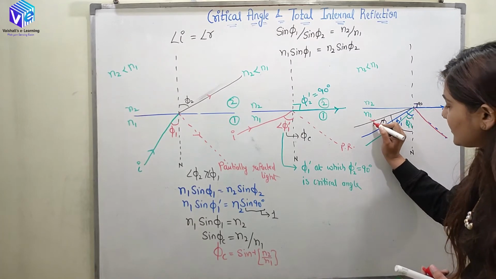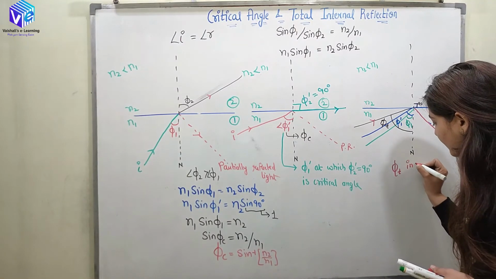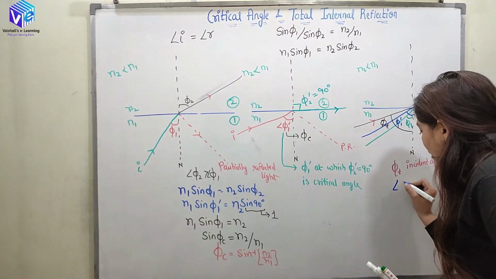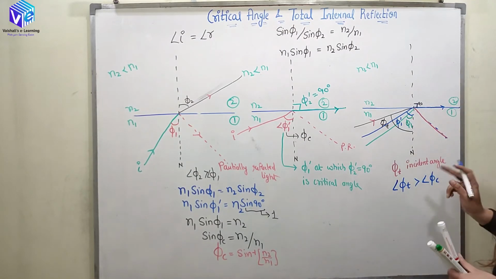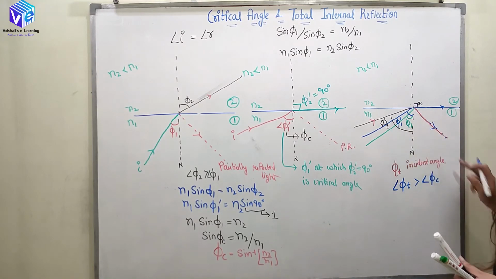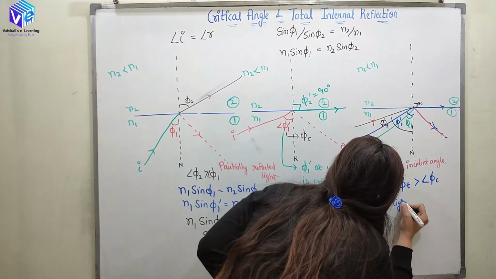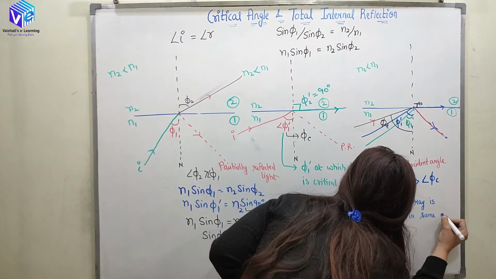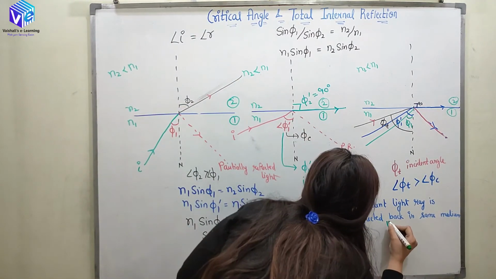So at phi t incident angle, where the condition is that phi t is greater than the critical angle phi c, all of my incident ray is going to be reflected back in the same medium. Right, so this is called total internal reflection.